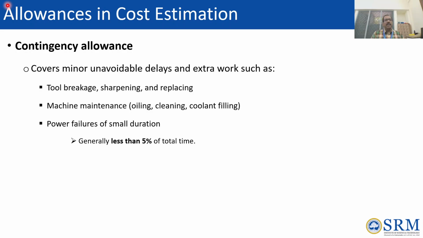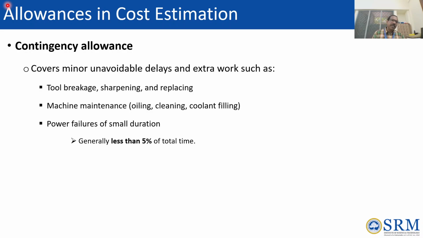Continuous allowance covers minor unavoidable delays and extra work needed. For example, when you are working on a machine, the tool might break. It's not in your hand. Even though you choose the right, high-strength tool material, you cannot predict breakage.